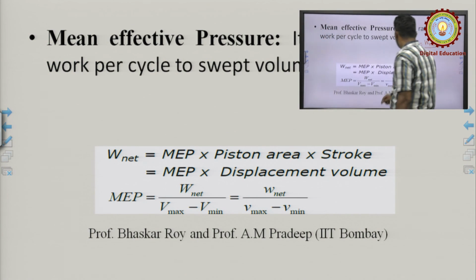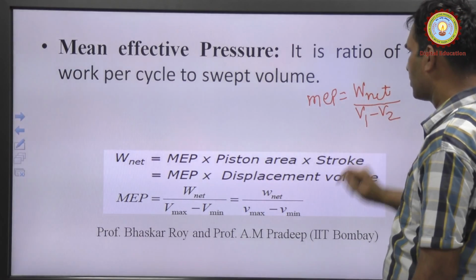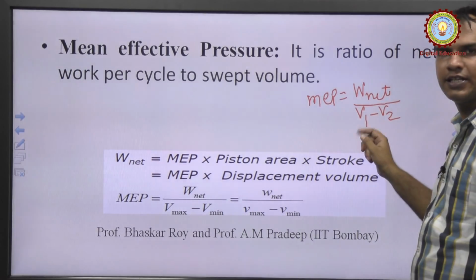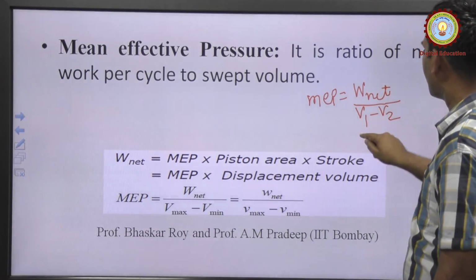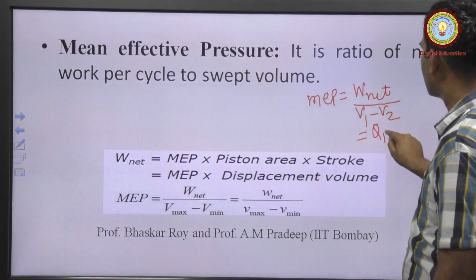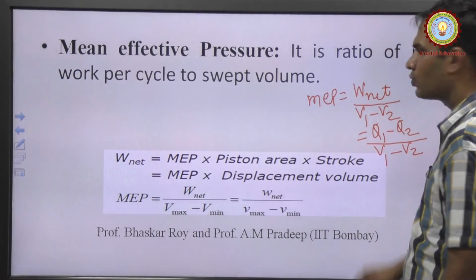So, here mean effective pressure is net work upon swept volume, that is V1 minus V2, where V1 is the maximum volume and V2 is the minimum volume, and W net is Q1 minus Q2, heat supplied minus heat rejected, divided by V1 minus V2.